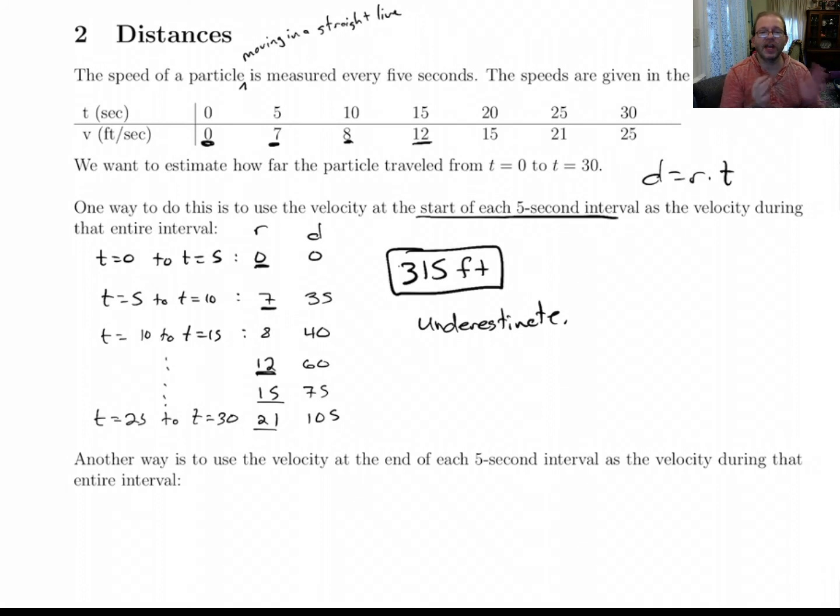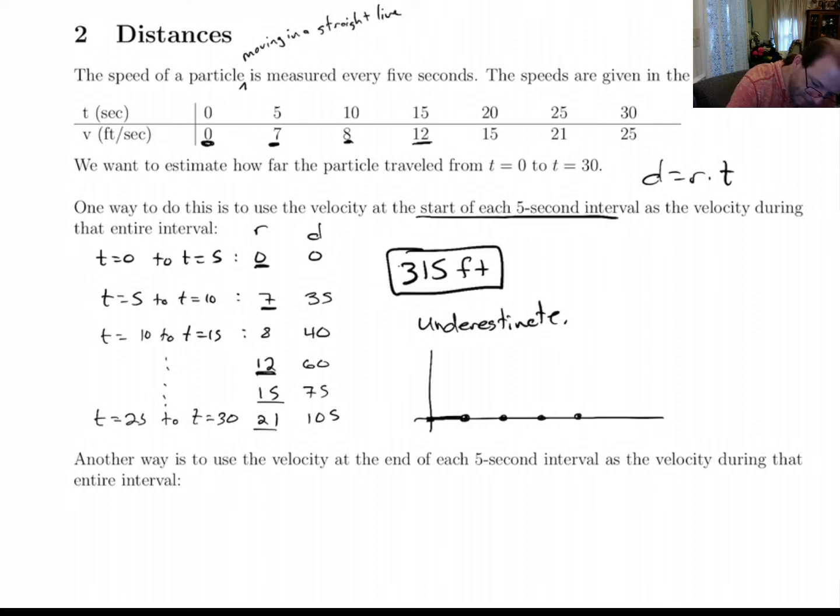You can't just instantaneously change your speed from one value to another. So if we were to graph this, from 0 to 5 we went with 0, and then jumped up to 7. Then at 10, we jumped from 7 to 8, then from 8 to 12, and so on.